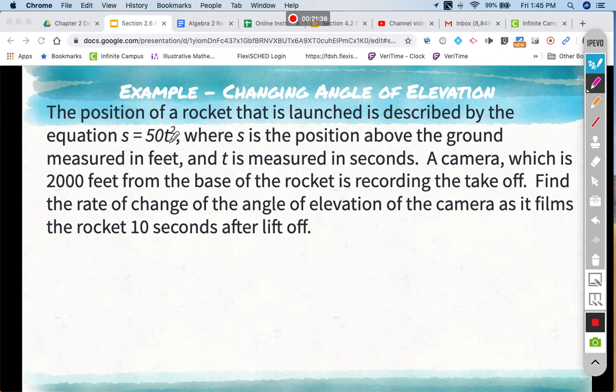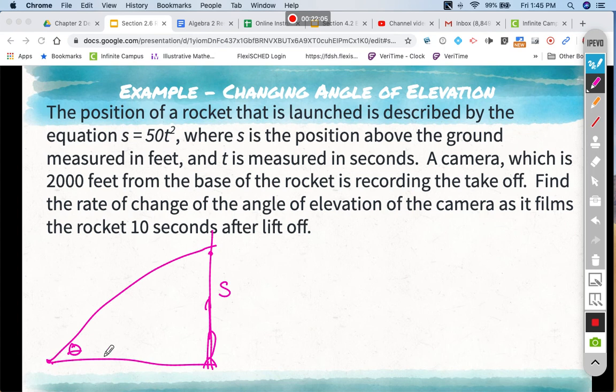So we'll start off, what do we know? I'm going to start off with a picture. Here's my rocket, and it's going up this way to some height s. Here's my angle, here's my camera.